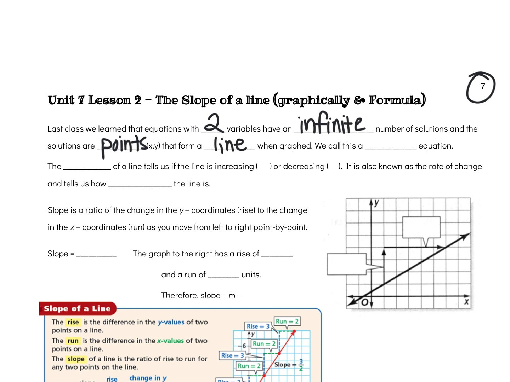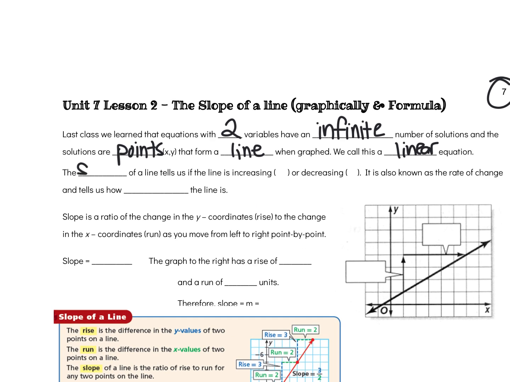So we saw that we could graph the lines and graph the points and they make a line. And we also saw that we could take that point, x comma y, plug in the x, plug in the y, and it should work out when we check it. So we call this a linear equation.